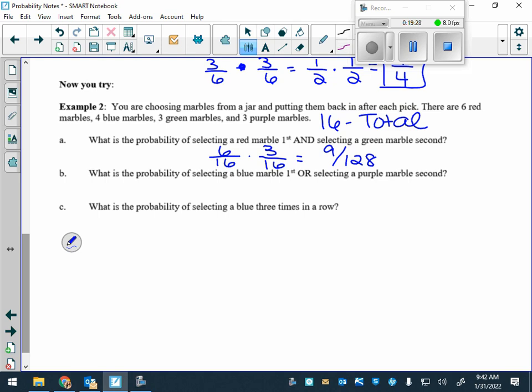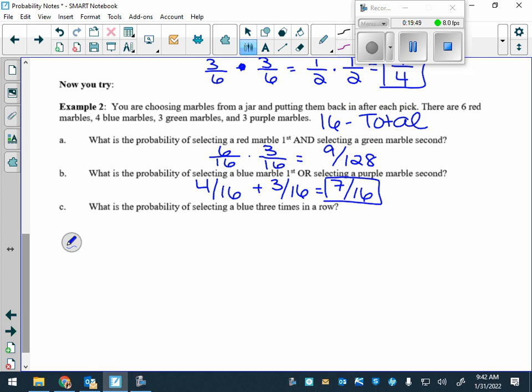What is the probability of selecting a blue marble first or selecting a purple marble second? Let's see. Eliza, how was your setup? Excellent. And what you got? Excellent. Good job.